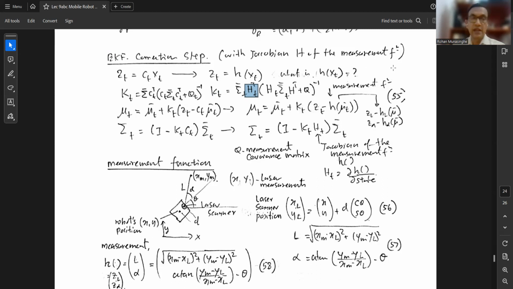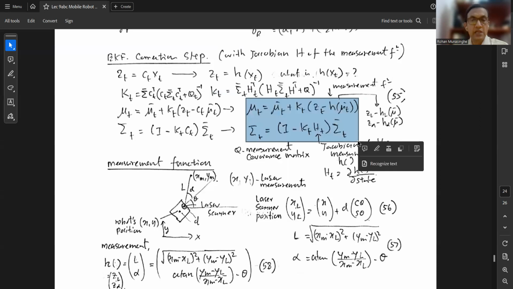And they are also different dimension-wise; they don't have to be the same dimension. Then the rest follows: the mean, position, and the position variance, big sigma. They all need capital H. So capital H is the Jacobian of the measurement model.